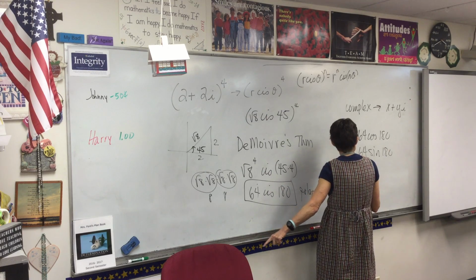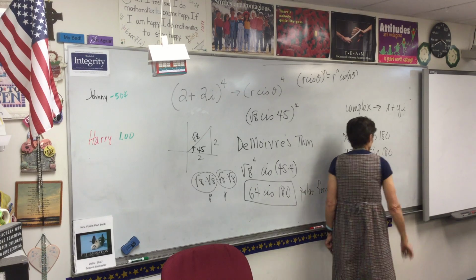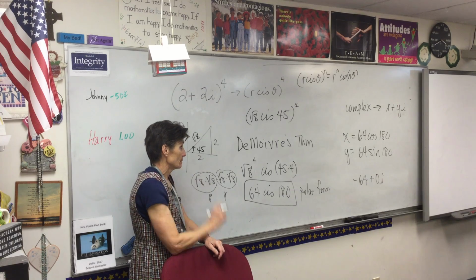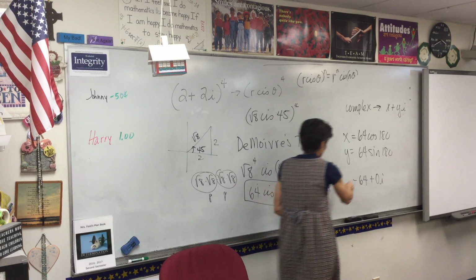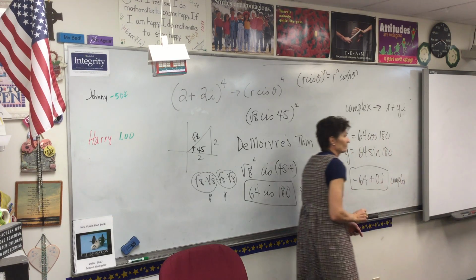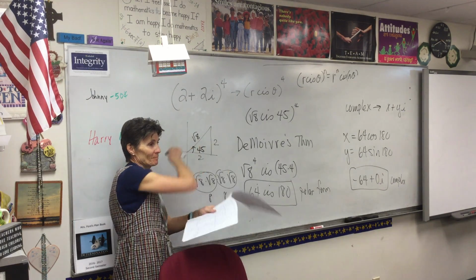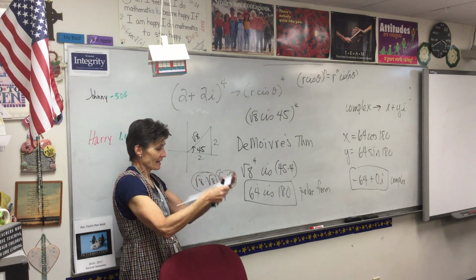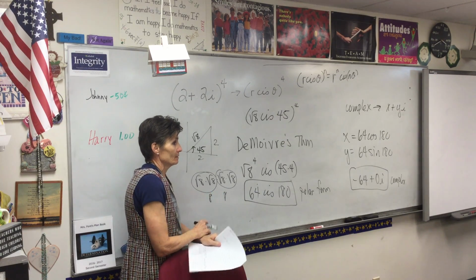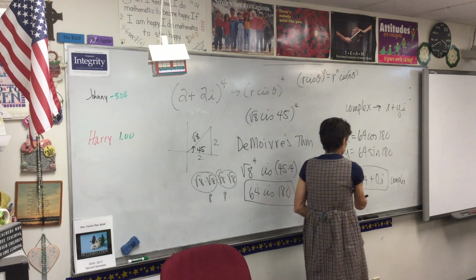So typing it in on the calculator, we get negative 64 plus 0i. And that is our complex form. You could write this as negative 64.